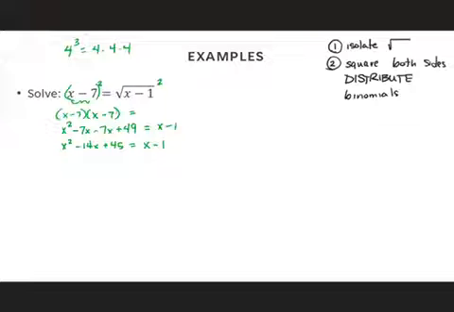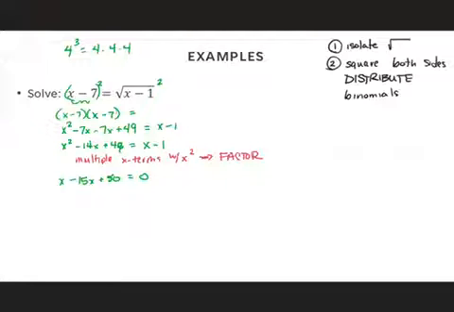I have multiple x terms, and one of them is at least x squared. So that tells us the only way to solve this is to factor. So I'm going to take x squared, subtract x from each side, add 1 to each side. Sorry, that should be a 49.